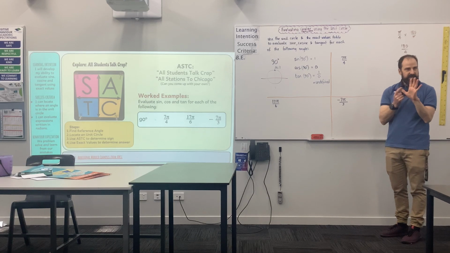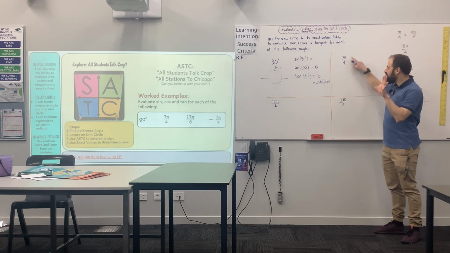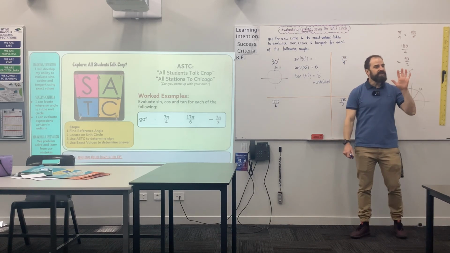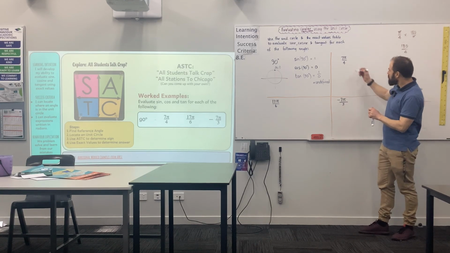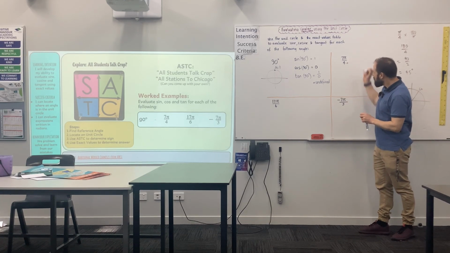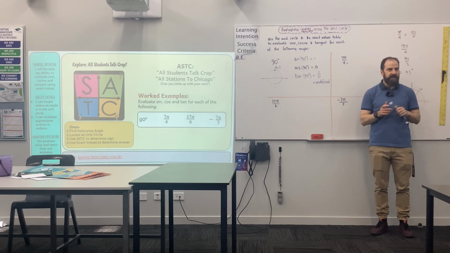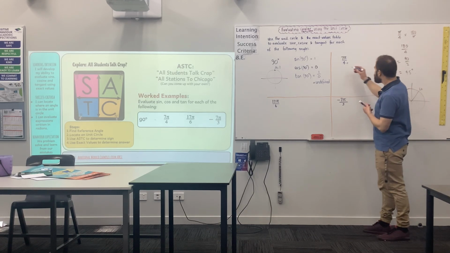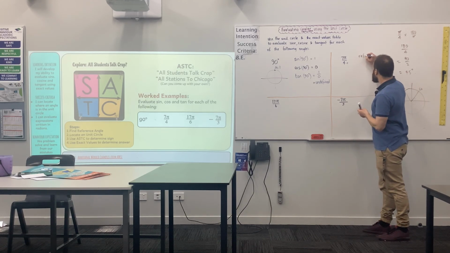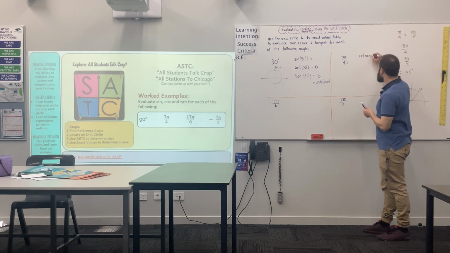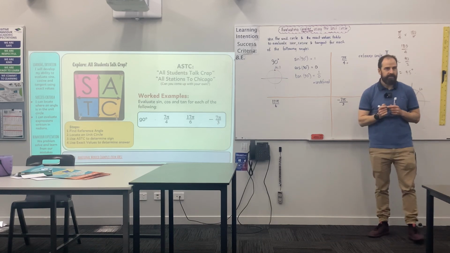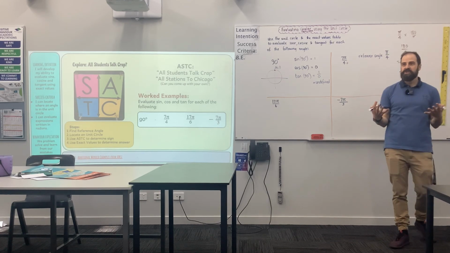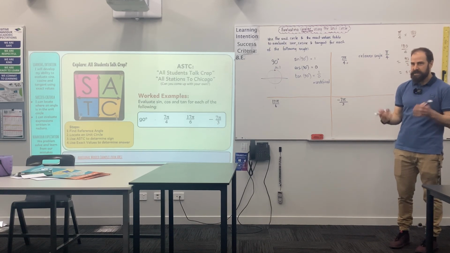So for my reference angle, I'm going to compare this to one of them. And it's really easy to work out which is your reference angle. I'm just going to look at my denominator. My denominator is a 4. So my reference angle is going to be pi on 4. All right, we just use whatever the denominator is.